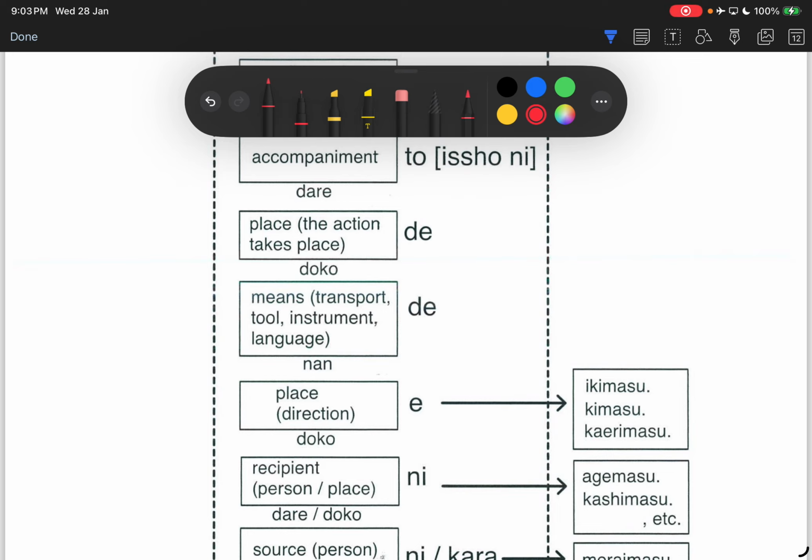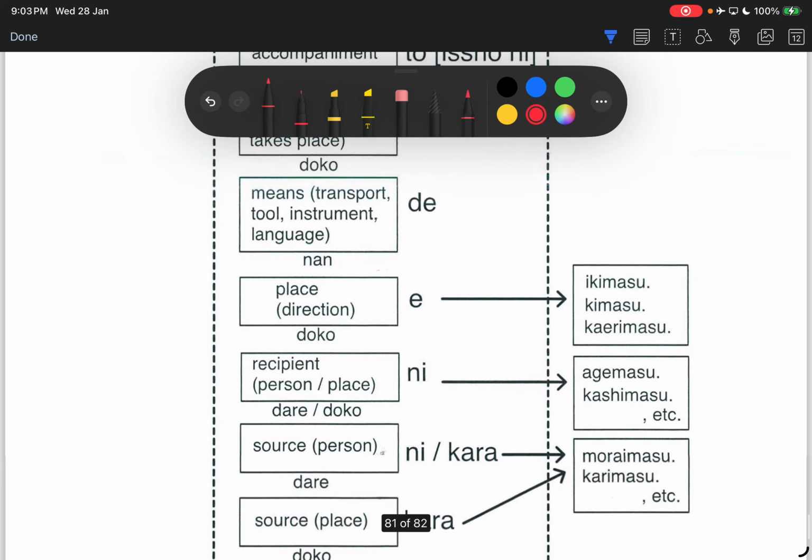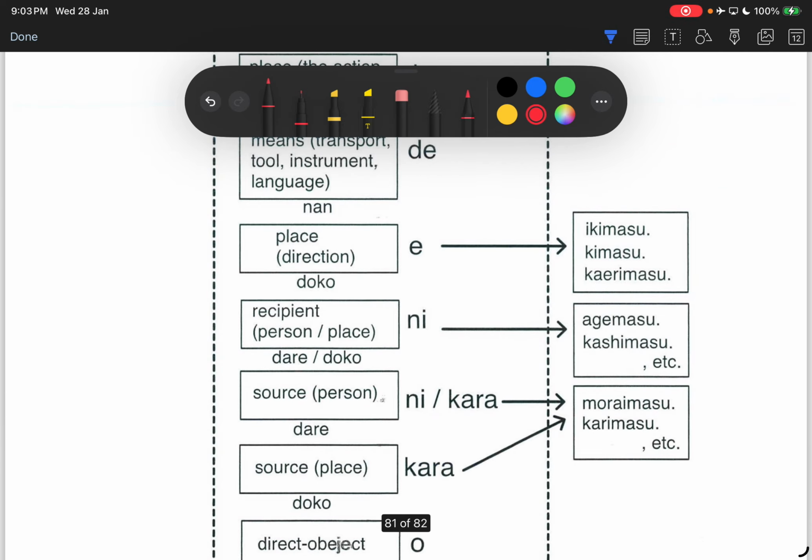Then after that, we get closer and closer to our verb already. For example, if it's a direction, then we say place e ikimasu, place e kimasu, place e kaerimasu. Then the sentence ends there already, because we use the directional verb.